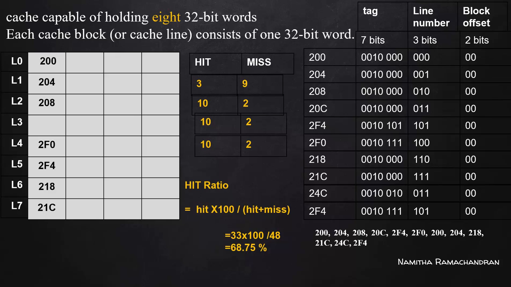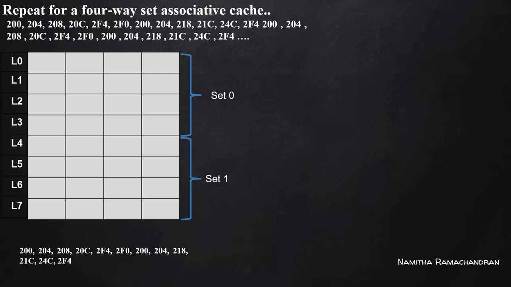We are also asked to repeat the same sequence of memory access 4 times, but here we are asked to follow which cache mapping method? 4-way set associative cache mapping. 4-way set associative means what? 4 cache lines per set.